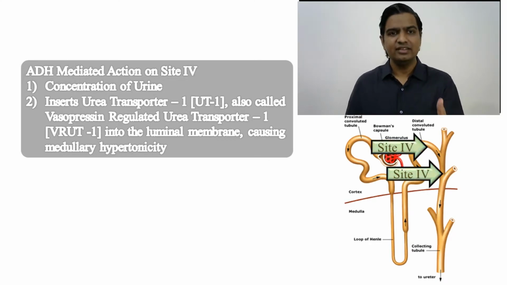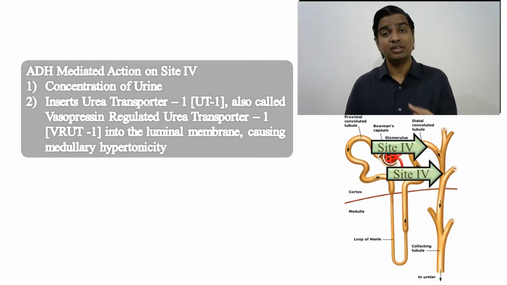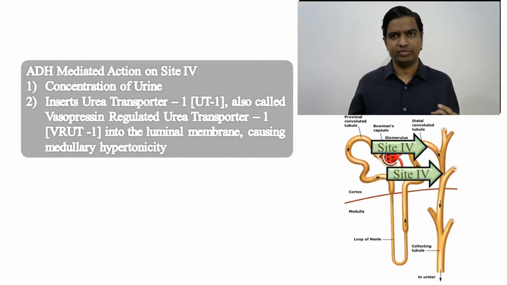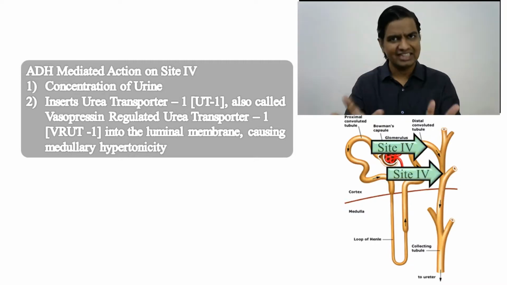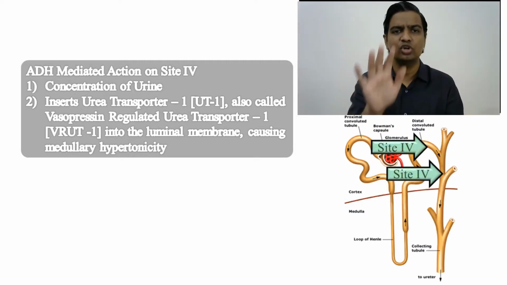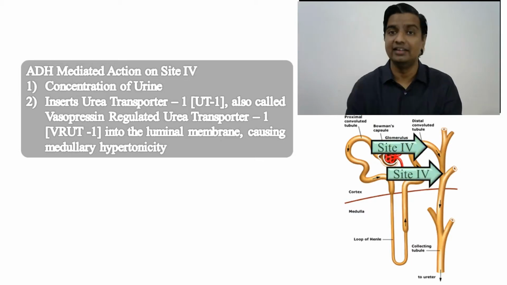And by using this, the medulla becomes hypertonic. And when the medulla becomes hypertonic, it sucks out water. So this is one method by which ADH can also cause concentration of urine. Luckily, we do not have drugs that work on these, so we don't have to study that in detail.